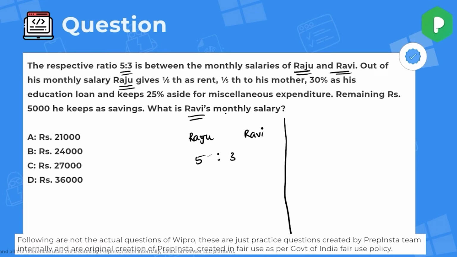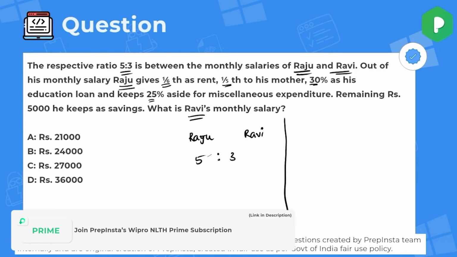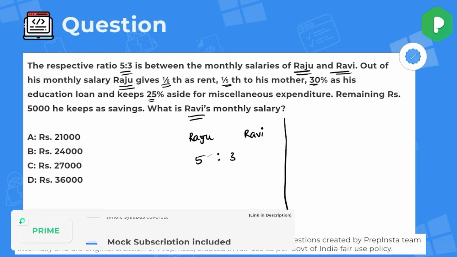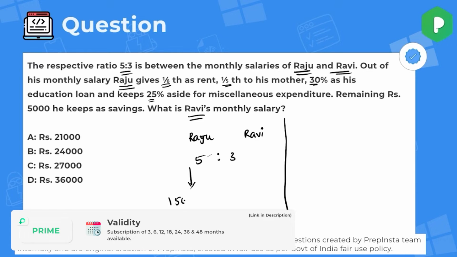In order to do that, when I look at these options, 1/6 was given to rent, 1/5 was given to mother, and 30%, 25%. You have to take a number which is a multiple of the denominators 6 and 5, which will give you easy calculations, right? So I am using Raju's income as 1500x.